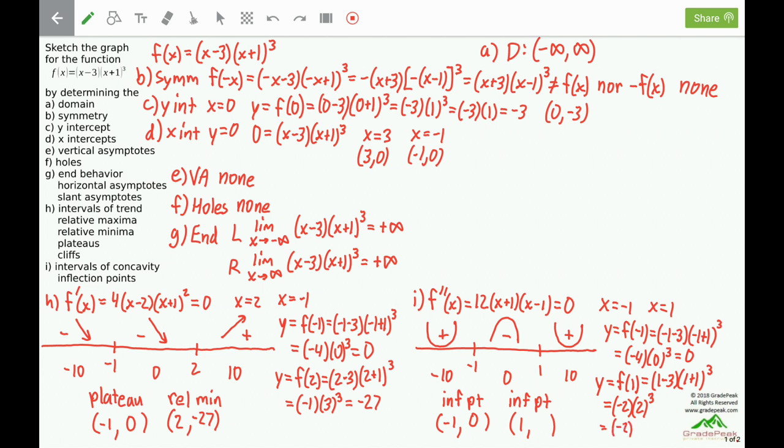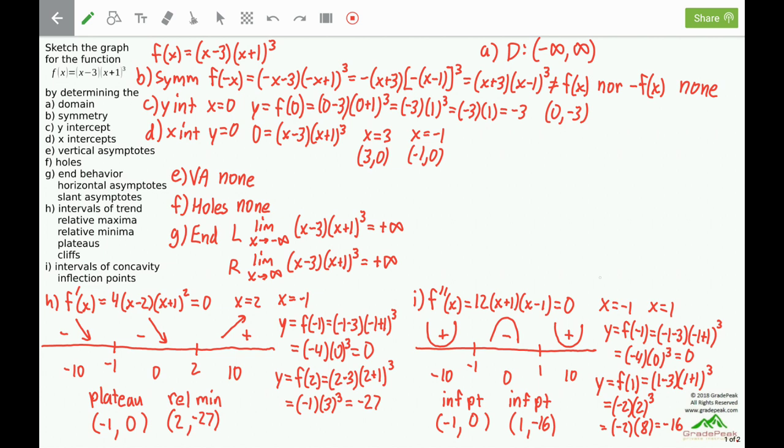Which will be negative 2 times 2 cubed is an 8. And negative 2 times 8 is negative 16. So we have a corresponding y-coordinate of negative 16.